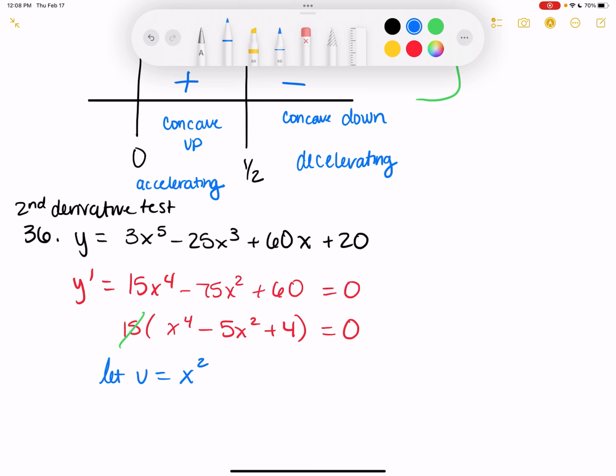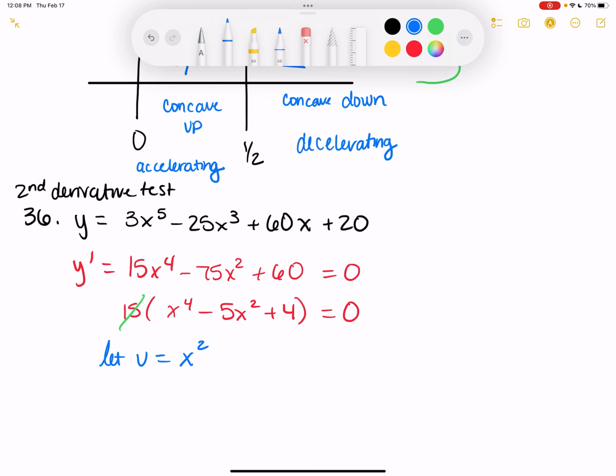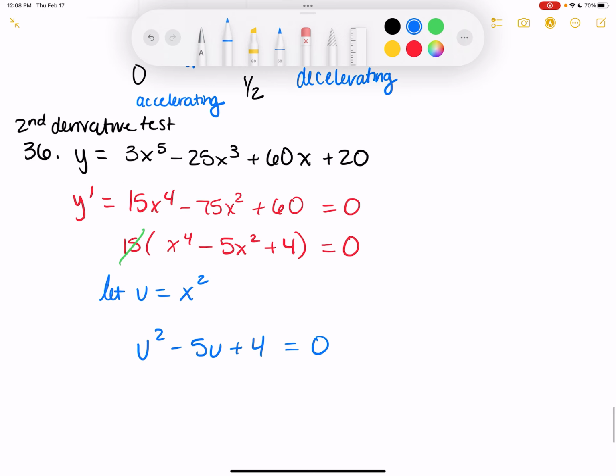And I'm actually going to rewrite this function here in terms of u's. So I'm going to have u squared minus 5u plus 4. And I'm still going to have that being equal to 0. I want to factor this, so what would this factor into?